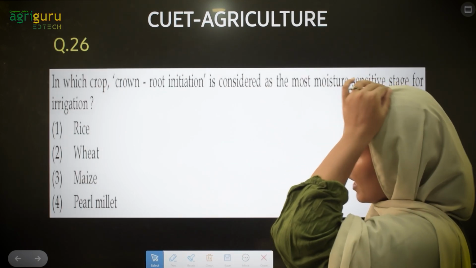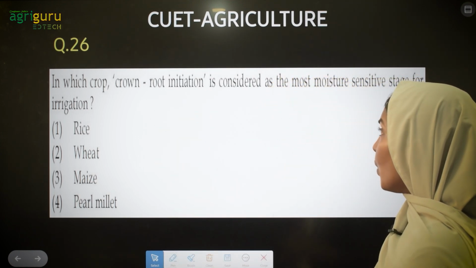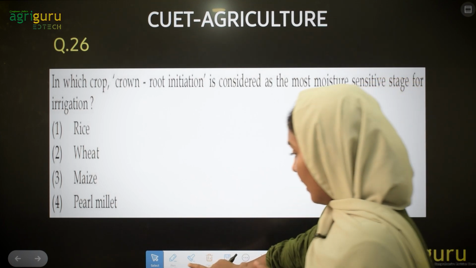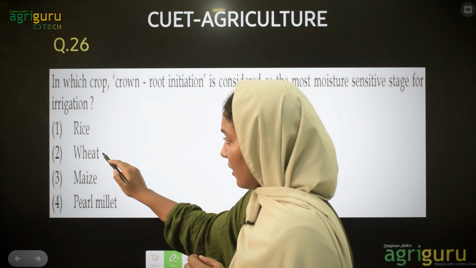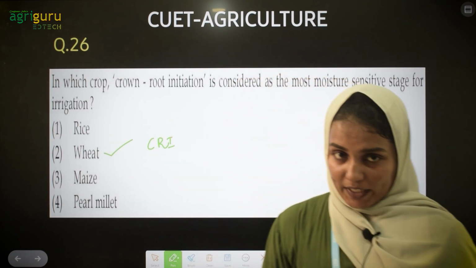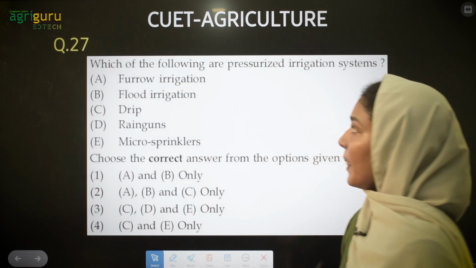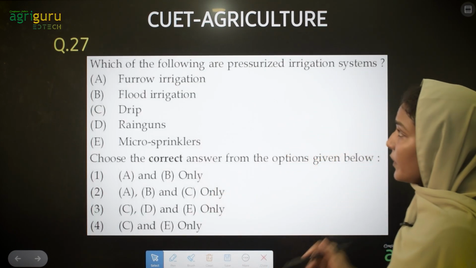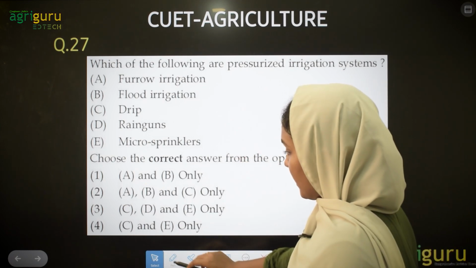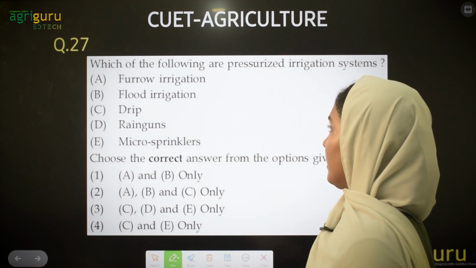Next question. In which crop is crown root initiation considered as the most moisture sensitive stage for irrigation? The answer is wheat. Crown root initiation, that is CRI stage, is found in wheat. Question number 27. Which of the following are pressurized irrigation systems?